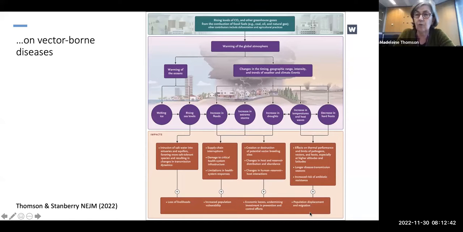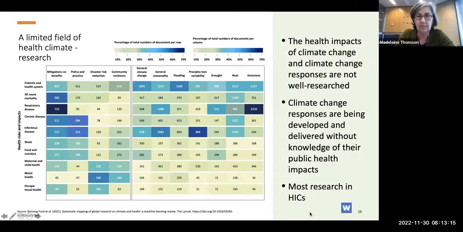That affects the saltwater content of estuaries, that changes the species dynamics and the transmission dynamics of those vectors in those contexts. So there are many different pathways, and these also, of course, interact with human and natural systems, resulting in the loss of livelihoods, increased population vulnerability, economic losses, and population displacement and migration. So a complex system and multiple pathways between climate and health outcomes.